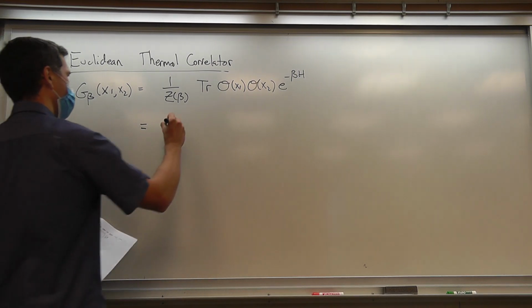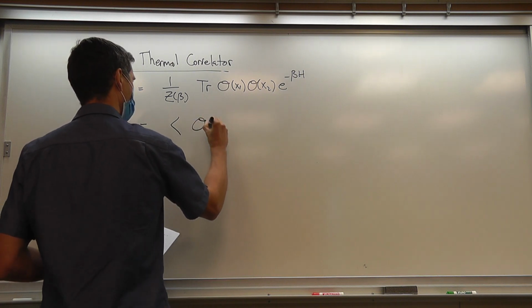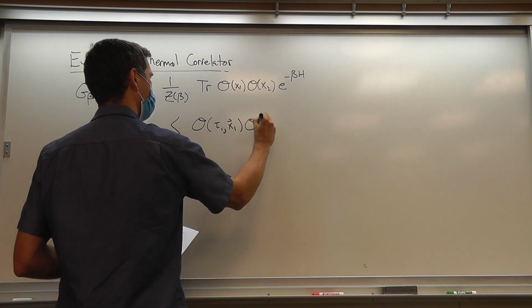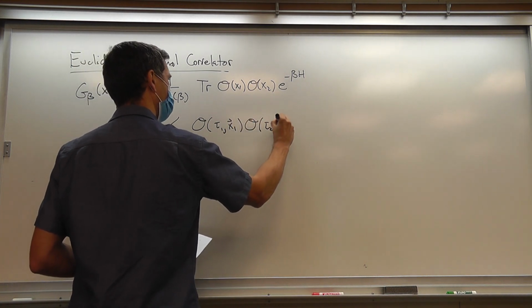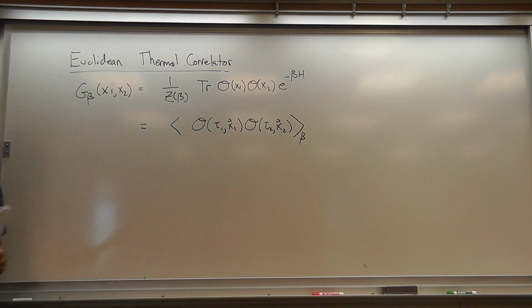We could also write that, and sometimes I'll write it this way, as O of tau1, x1 vector, O of tau2, x2 vector, with a beta subscript to indicate the temperature.